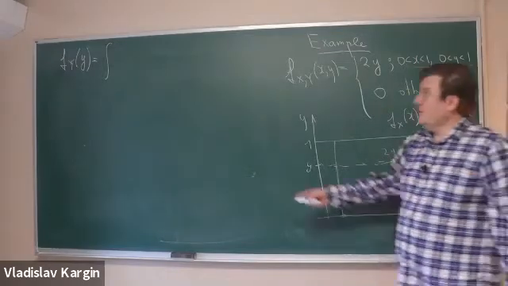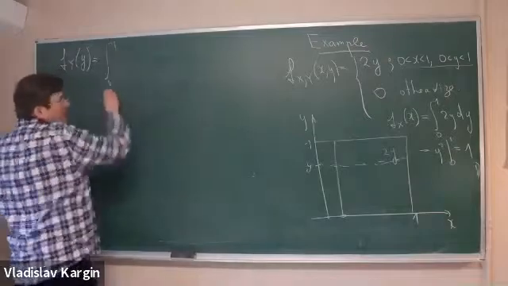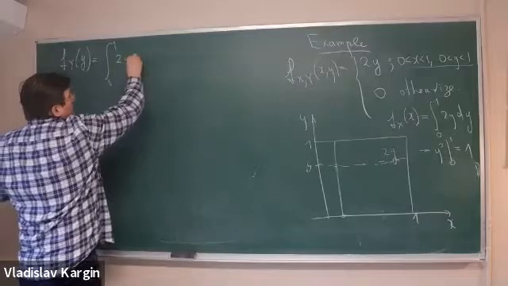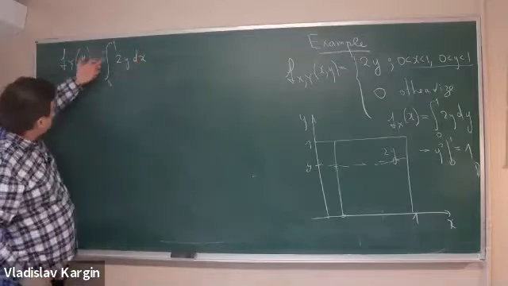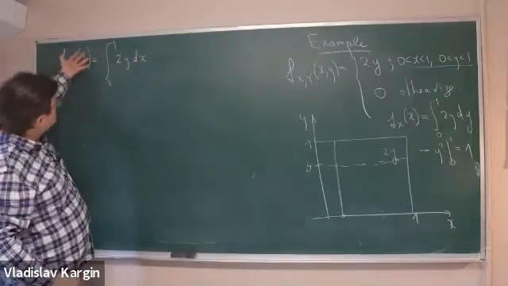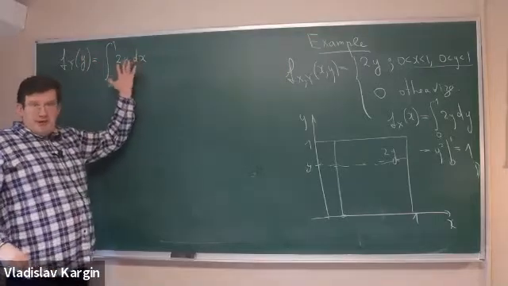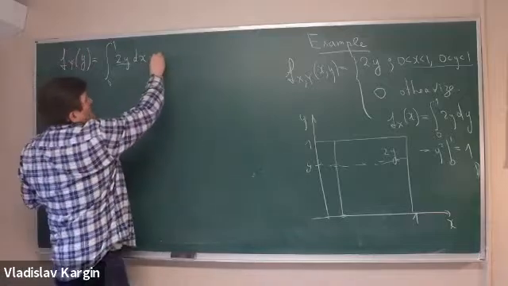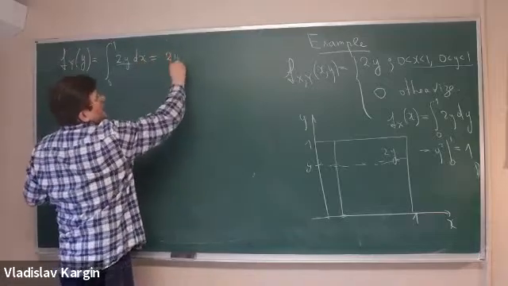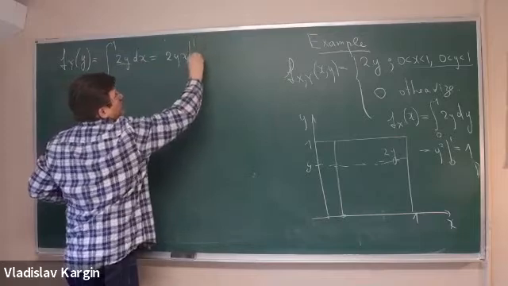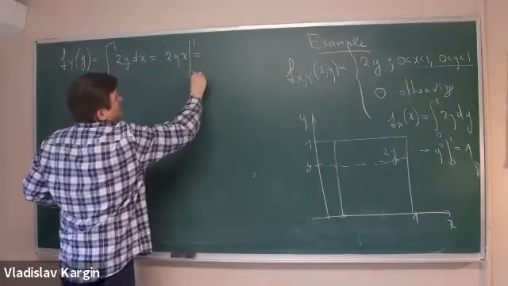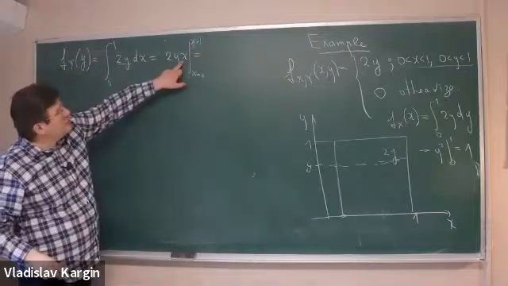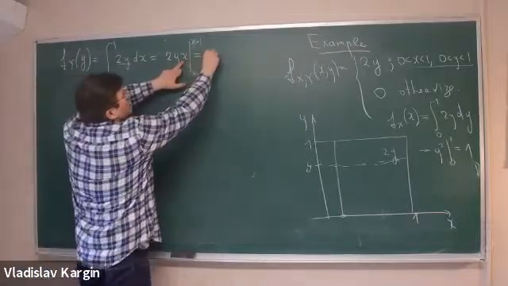So it's also the integral from 0 to 1. The density is the same, but now the integral is over dx, because this thing does not depend on x. So in principle we're integrating over x. It's absent in this density, but still we're integrating over x. And so it's equal to the antiderivative of 2yx from 0 to 1, with x equal to 0 and x equal to 1. So it's equal to 2y.